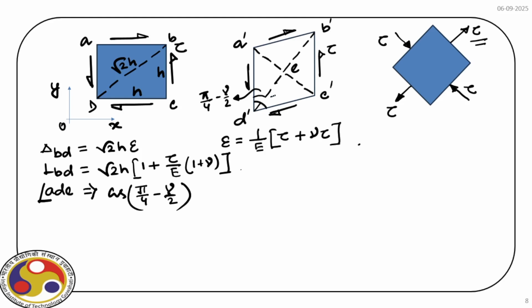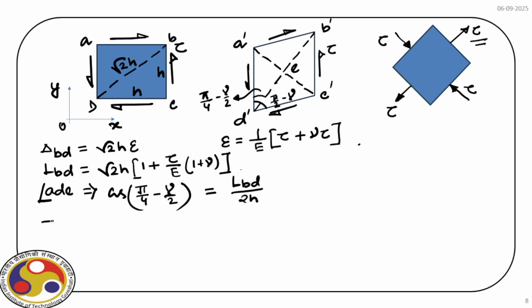Total angle is pi by 2 minus gamma, and that's how half of that we get here, right? Okay. So now cosine of this angle is equal to length BD divided by twice H.